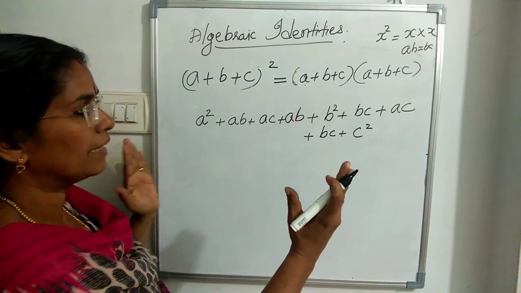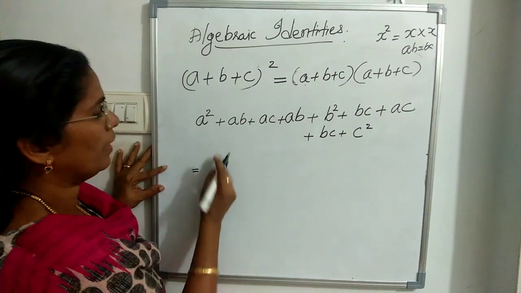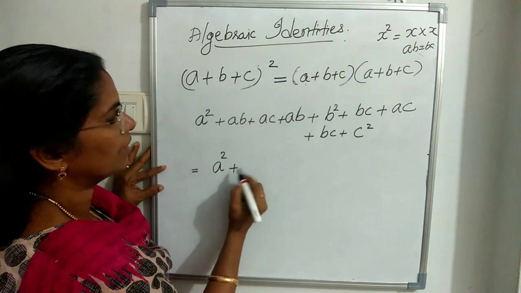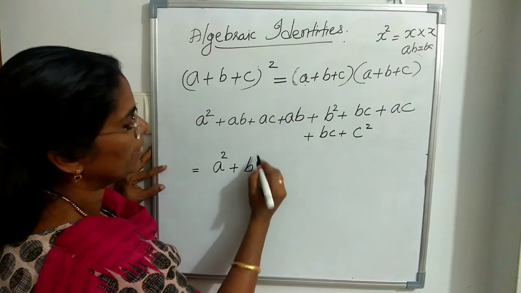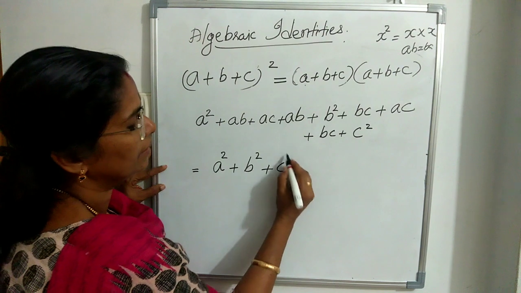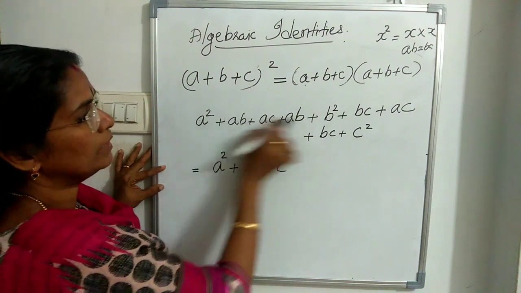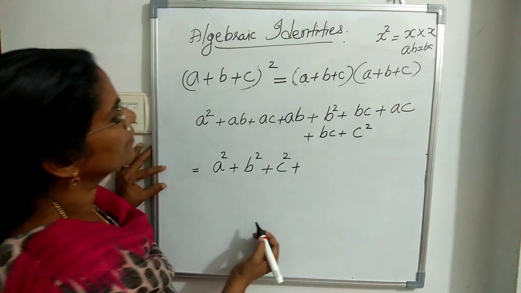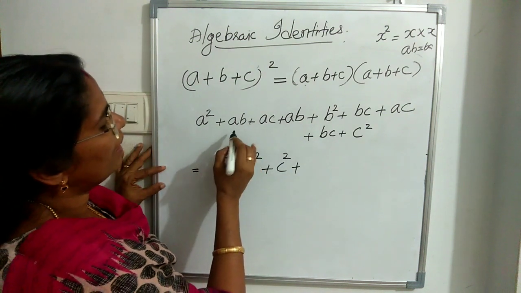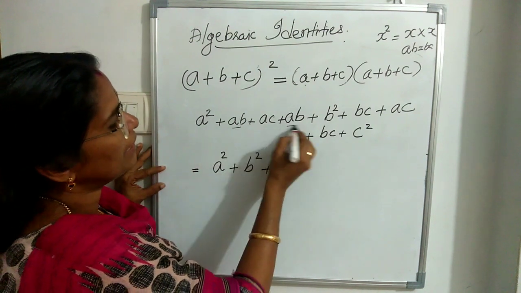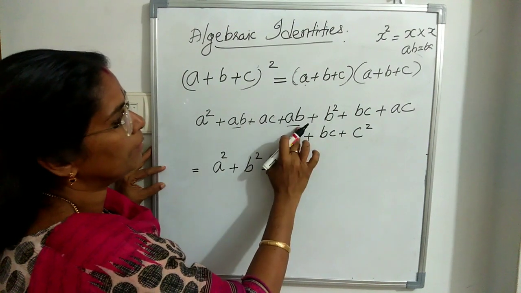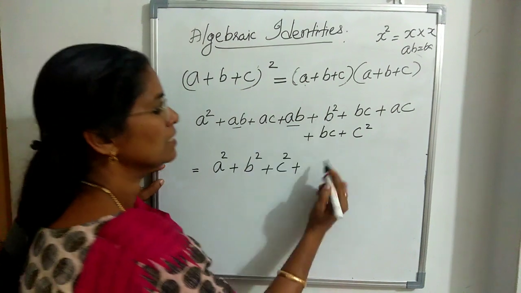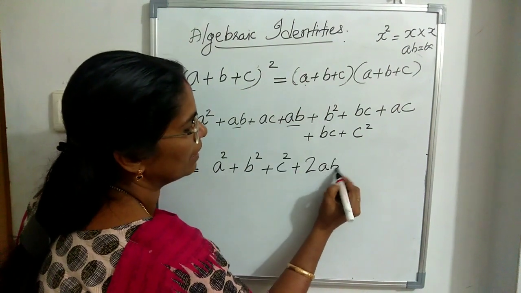Now we can arrange the terms. Square terms we can write first. That is a square, the first term. Second b square, and third we can write c square, because all these terms are perfect squares. Plus like terms we can add together. ab and ab is there. 1ab and 1ab, x plus x is 2x. Like this ab plus ab is 2ab.